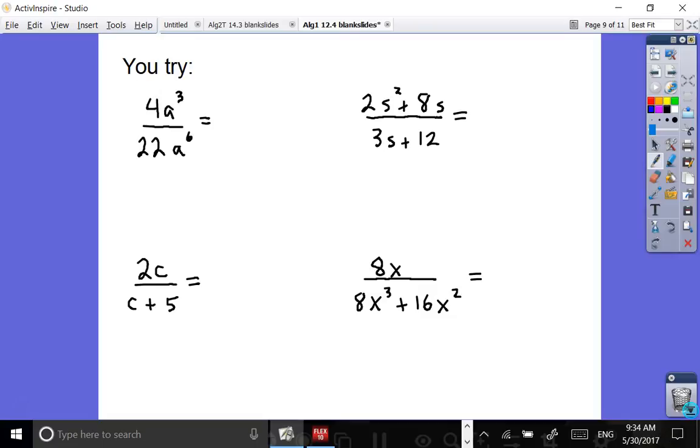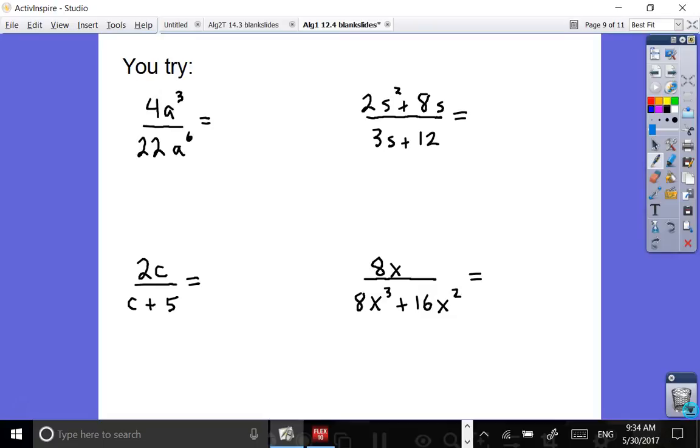How about, is there anything to factor here? 2a, 2a squared? Cubed, right? The least number of a's is 3, so they have that in common. So factor out 2a to the third from both of those.